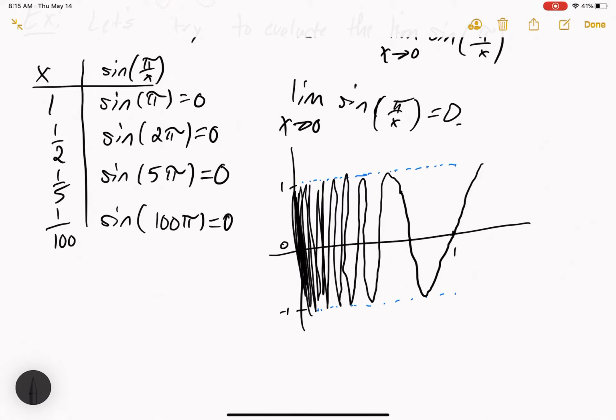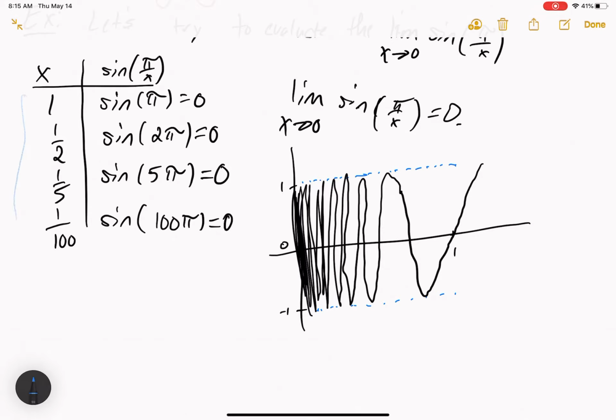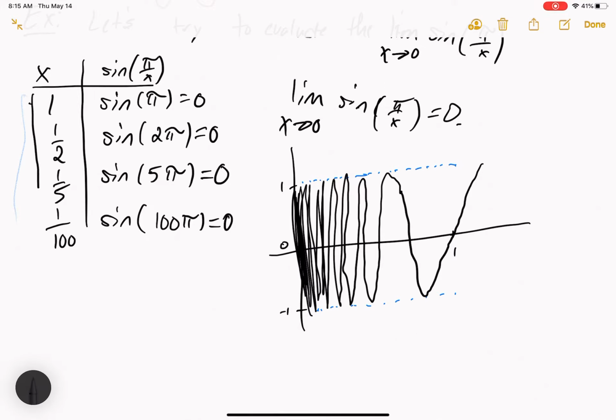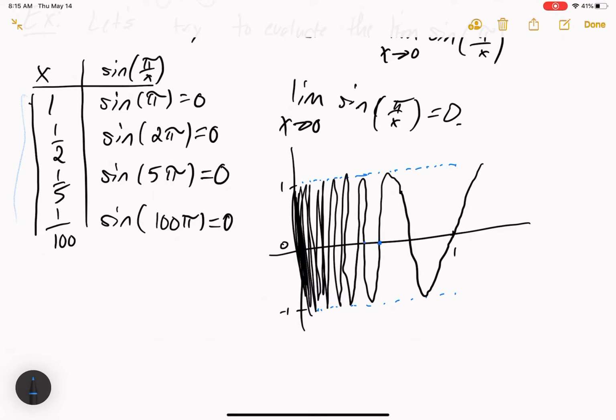And the thing is, what we're doing with these numerical values right here is that these points match up with these points right here. And so the limit of this specific sequence is equal to 0, but it's not the limit of f of x.